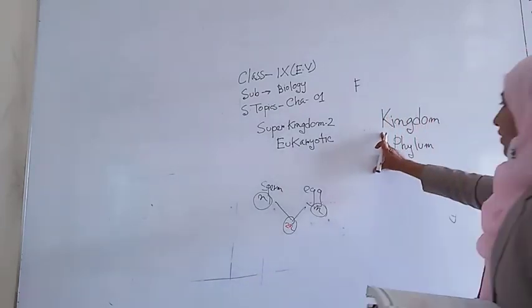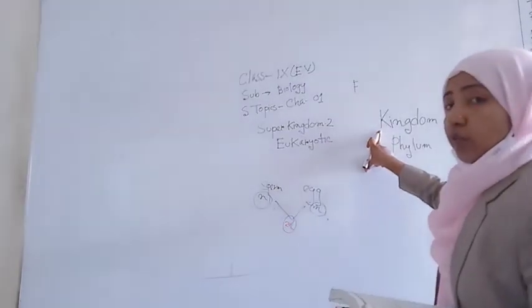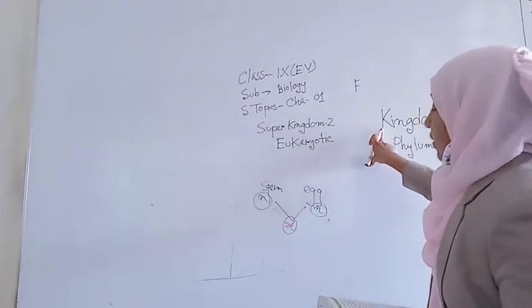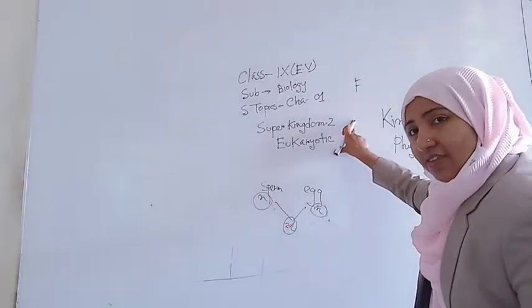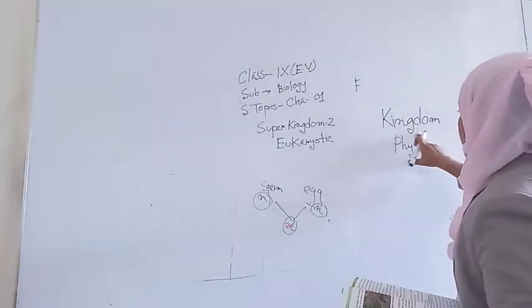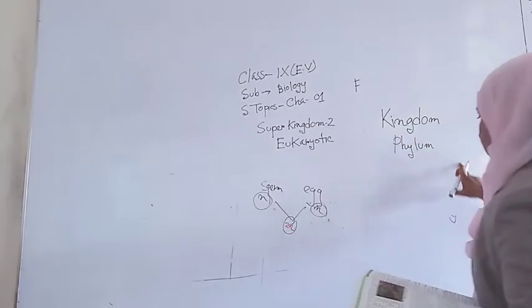My dear students, there are also rules to write this. Kingdom is a huge group of animals or plants, and phylum is also another huge group.